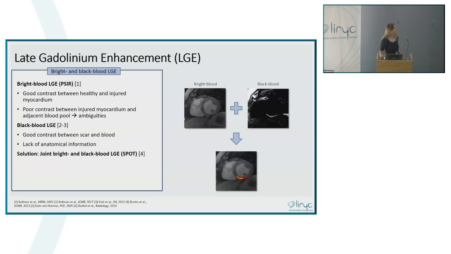That's why a technique called SPOT, for joint bright and black blood imaging, has been developed by Aurélien Bustin. The idea is just to acquire a black blood image to detect the scar tissue, and then a bright blood image to get the anatomical information, and we can fuse both to have these two pieces of information in one image.